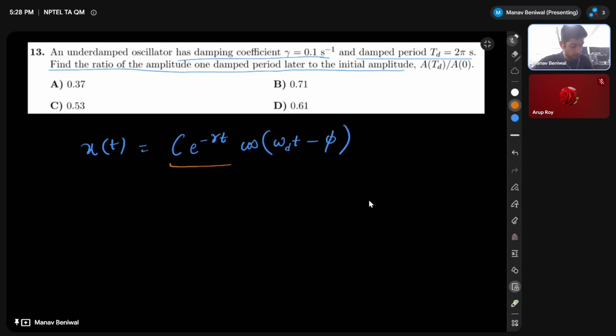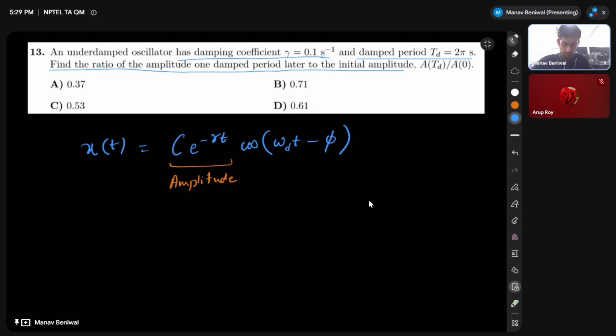This is the amplitude, and it constantly decays with time, exponentially. So the amplitude at successive damped periods shrinks by a factor each time.